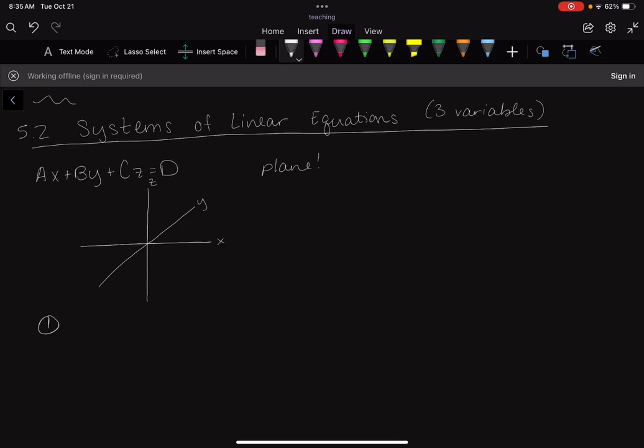Your first option is that your planes intersect at one point. And so that is going to be an XYZ point as our answer.